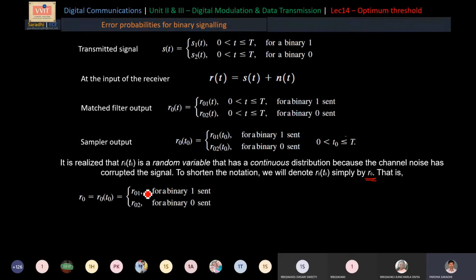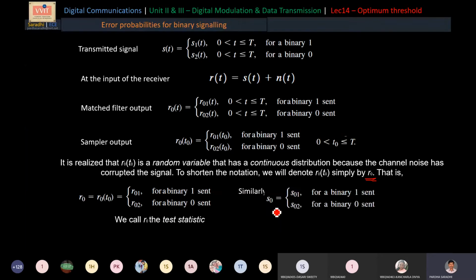It can be 5.1 volts or 4.7 volts or 3.2 volts or 2.2 volts, like that, and this can be minus 4.7, minus 5.3, or like that. So this is a random variable. This R0 is called the test statistic.